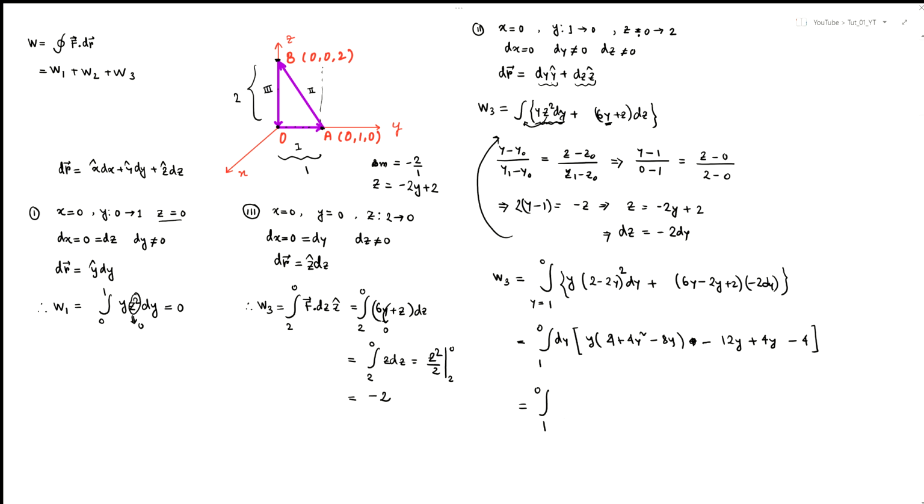It will become the integral from 1 to 0 of dy, 4y plus 4y squared minus 8y squared, and simplifying this, it will be giving us 8y minus 4. So in fact, even after simplifying this, we will get 4y minus 8y squared plus 4y cubed minus 4.